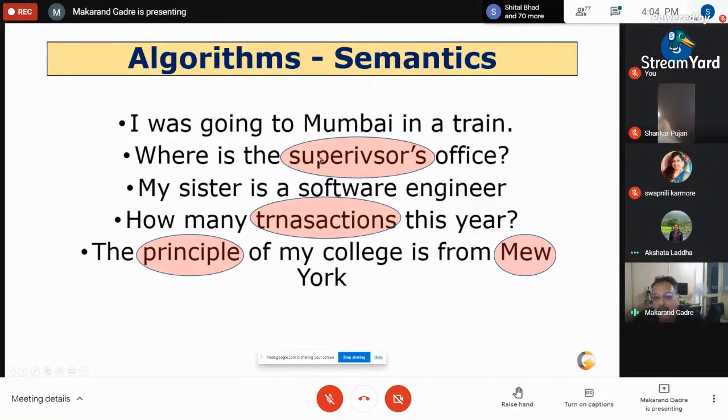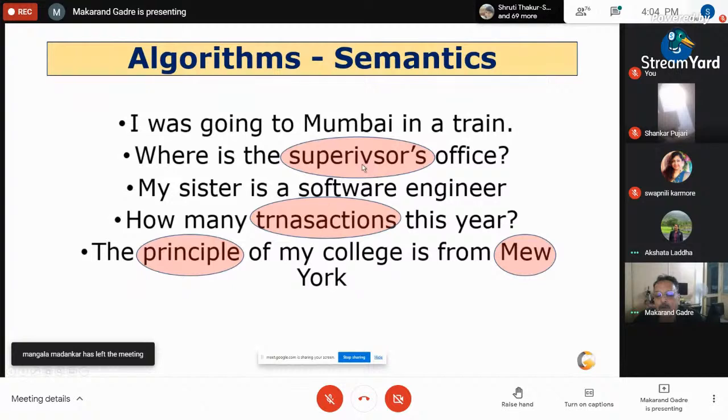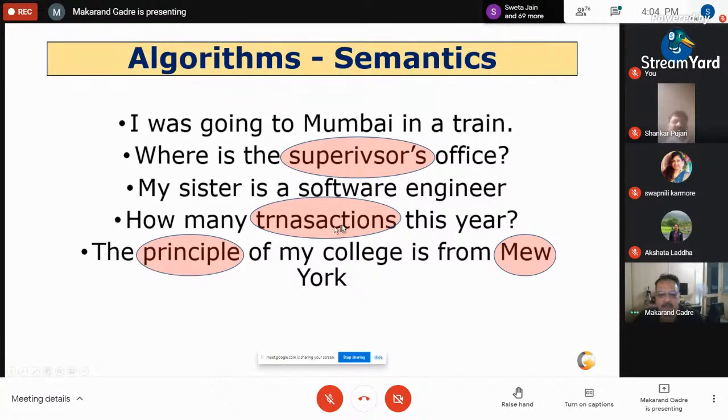Even this, supervisor, where the V and I were interposed, your brain didn't even take a microsecond to figure out, oh, it must be supervisor. Transaction, same thing. And this one took a little bit of thinking, oh, it should be principal. So think of it this way, your brain is so advanced in semantic matching.